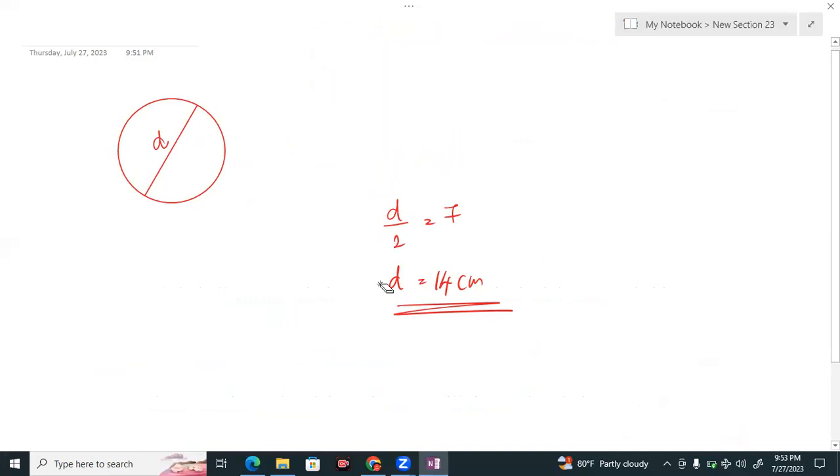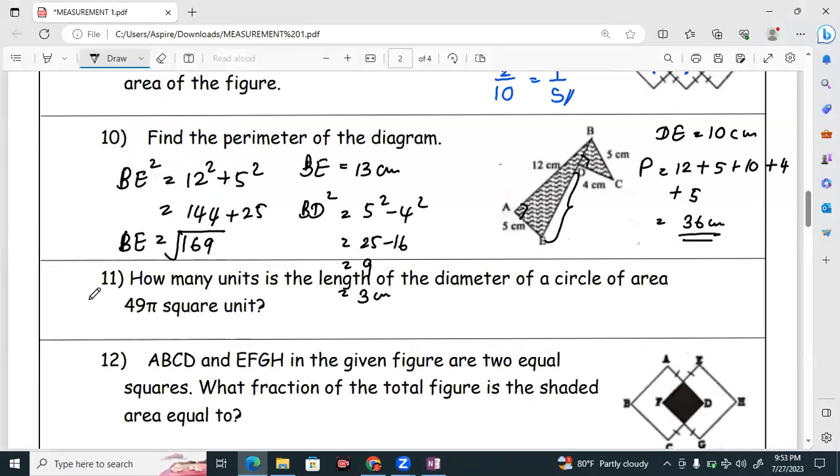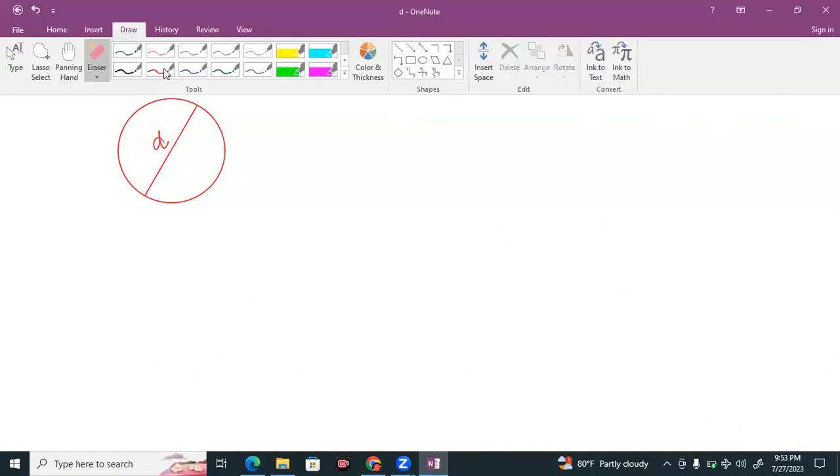The question says how many units is the length of the diameter of a circle of area 49π square units. The area of the circle is given as 49 times π.